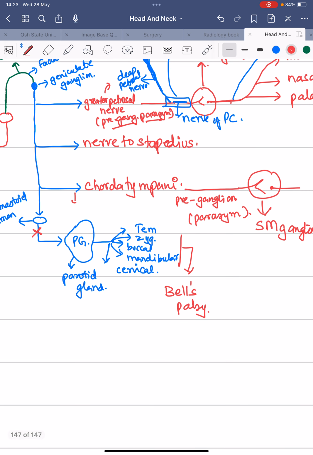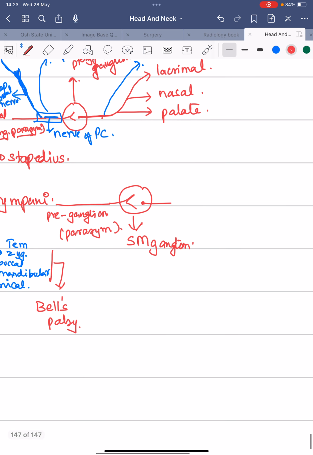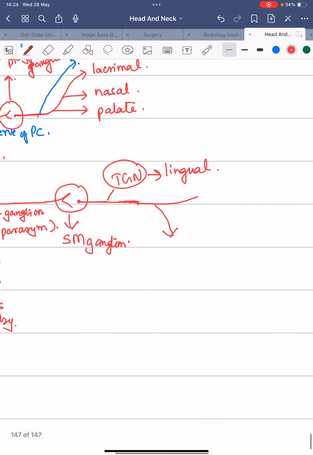Preganglionic parasympathetic secretomotor nerve fibers to the submandibular ganglion, and here it is going to form. Again, the trigeminal nerve is going to help here by the lingual nerve, which is a branch of the mandibular nerve. And now it is going to innervate your two glands. Which two glands?